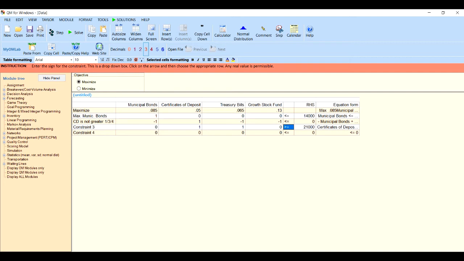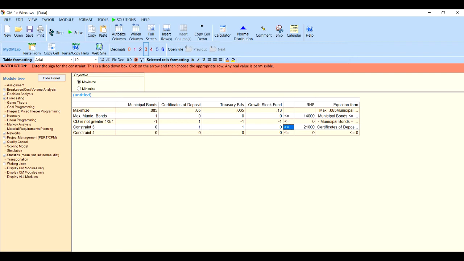And here, it is quite simply 70,000. So we have 1, municipal bonds, plus certificates of deposit, plus treasury bills, plus the growth stock fund must equal 70,000. That's all we have. We don't want less. We do not want more than that.